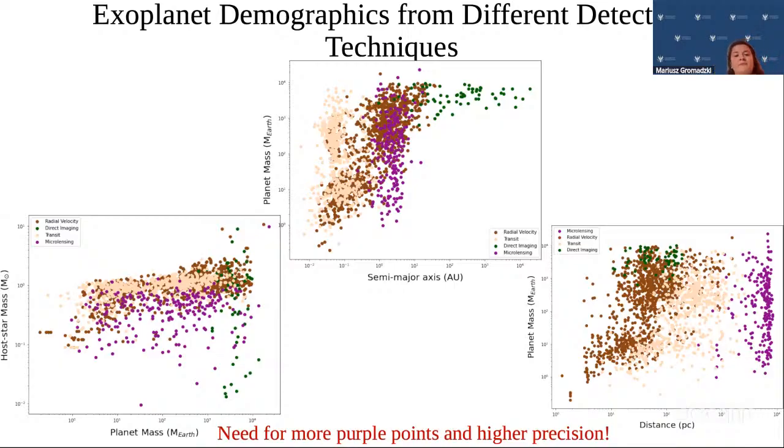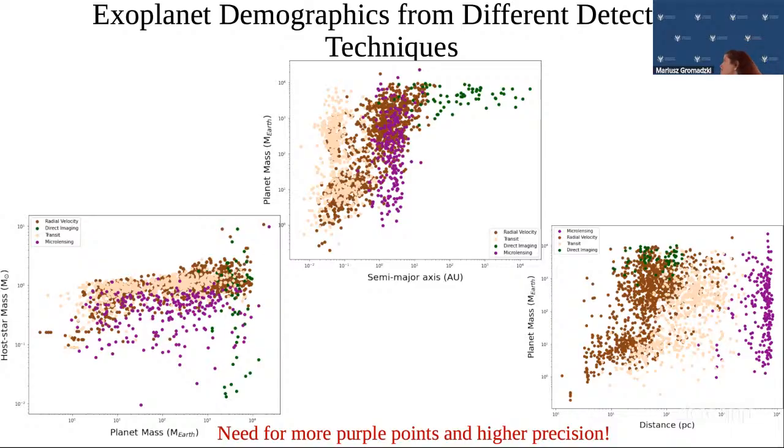Furthermore, as you can see here, in general, with mostly transits and radial velocities, we can see that more massive stars will have more massive planets. And you don't really expect to have massive planets around low mass stars.